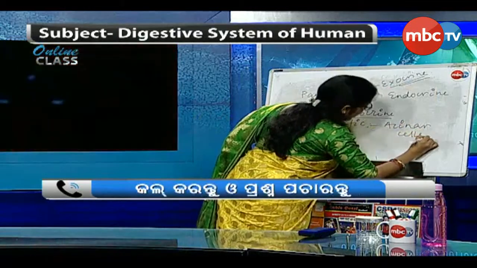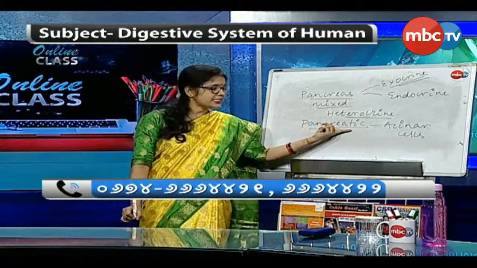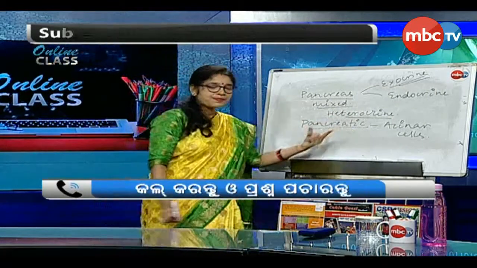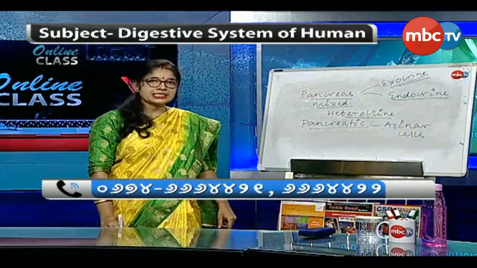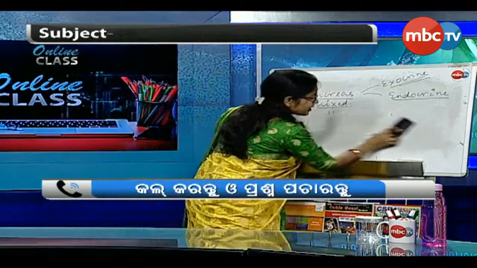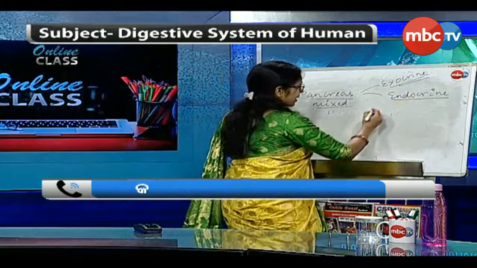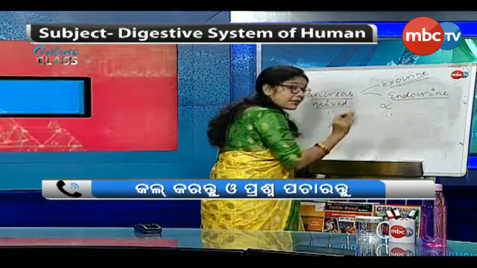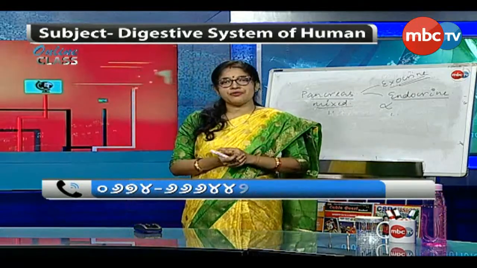The endocrine part of the pancreas mainly secretes the hormones, and it is formed by a number of cells. So, what are the different cells forming the endocrine part of the pancreas? The endocrine part is formed by islets of Langerhans.